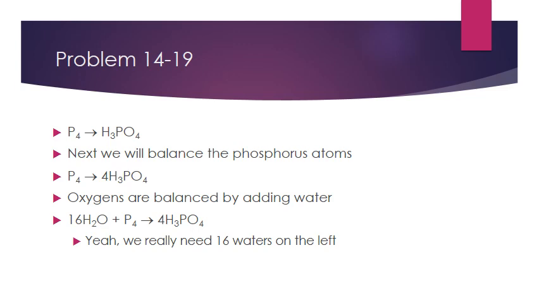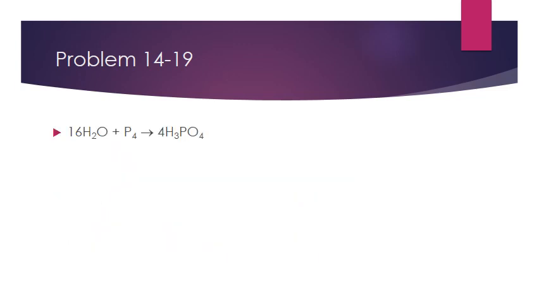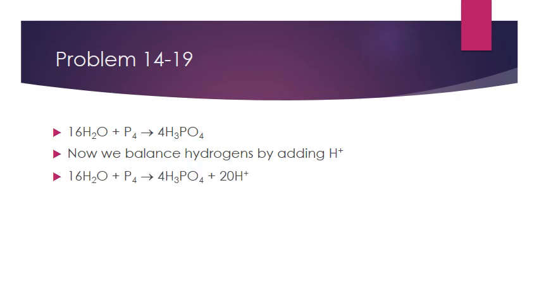That seems like a lot, but it's what we need to do. Next, we will balance the hydrogens by adding H+. We have 32 hydrogens on the left and 12 on the right. That means we have to add 20 H+'s to make our hydrogens equal.